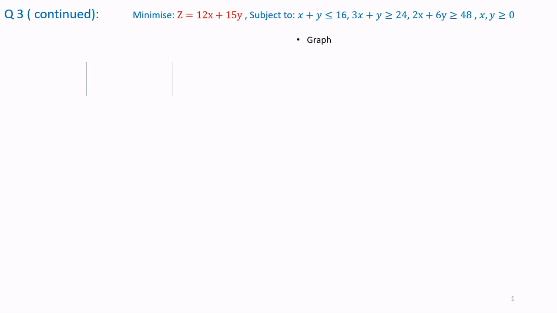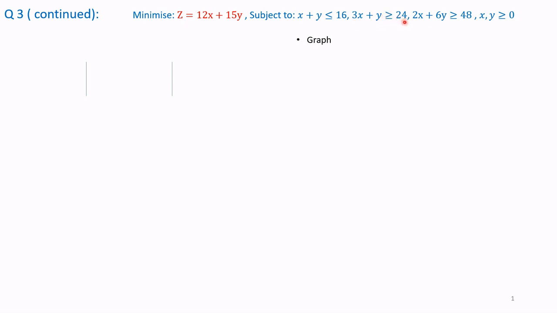So, we have written in the previous page the objective function z equals 12x plus 15y and the constraint equations are x plus y is less than or equal to 16. The second constraint equation is 3x plus y greater than or equal to 24.